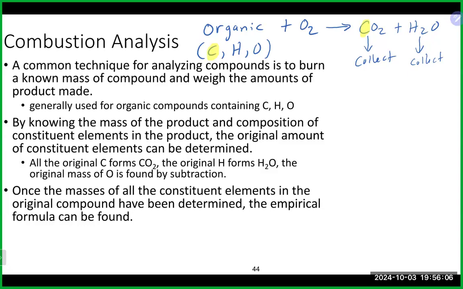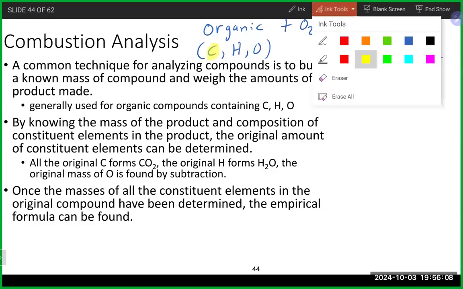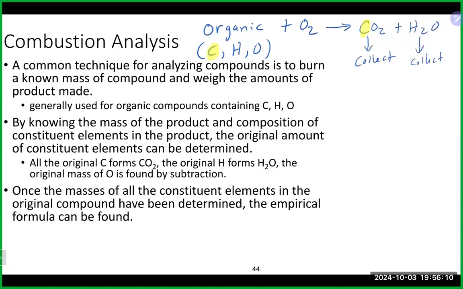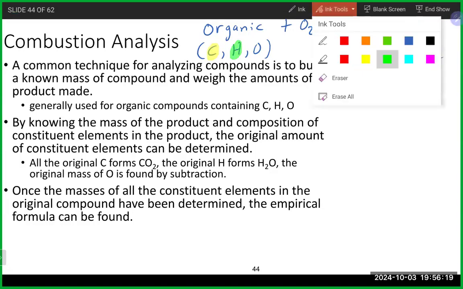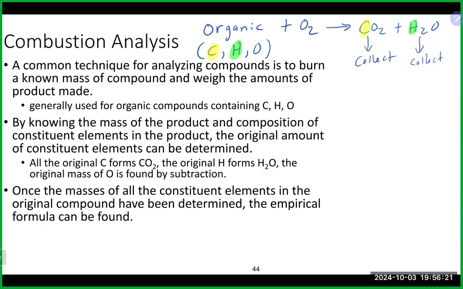The water, all the hydrogen that ended up in the water that we collected came from originally our organic compound. And we could do a calculation similar to what we did earlier, where we were interested in just the one element, not the whole thing. We could figure out how many grams of carbon we actually started with, since that all ended up in the CO2. We could also figure out how many grams of hydrogen we started with, as that also ended up in this H2O.